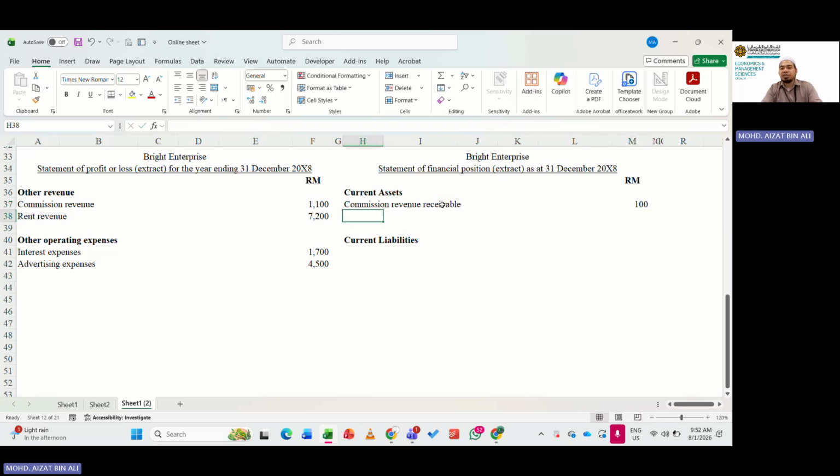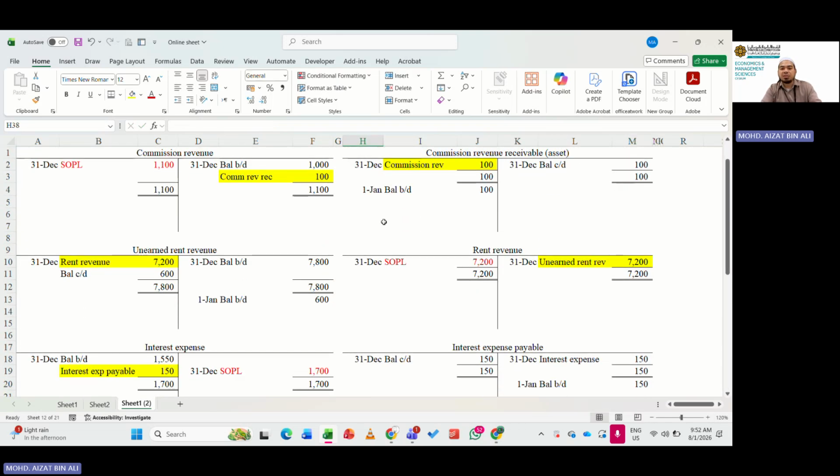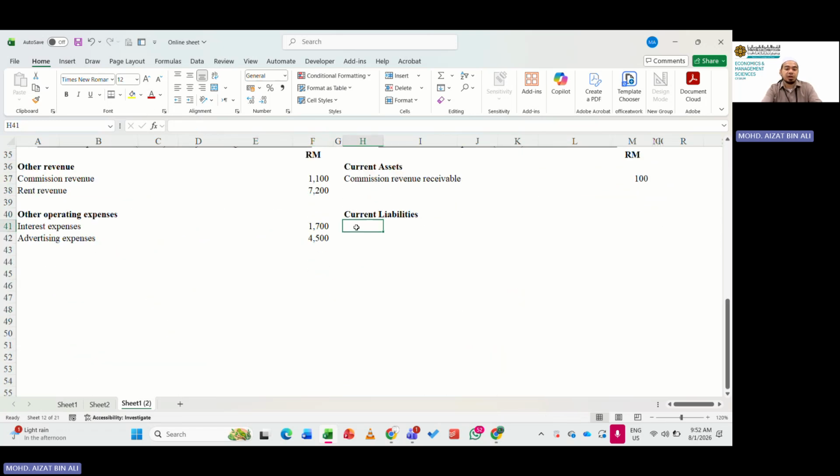Now, why do we put it in the asset section? Because the balance BD, focus on this balance BD, is on the debit side. Whereas if the balance BD is on the credit side, this is liability. So unearned rent revenue 600 ringgit is under current liability.